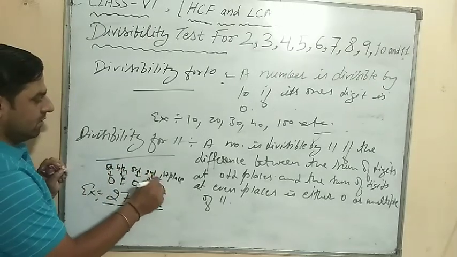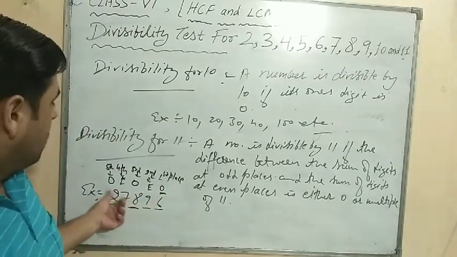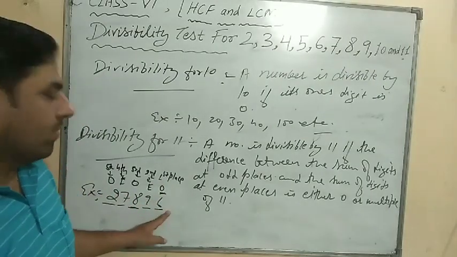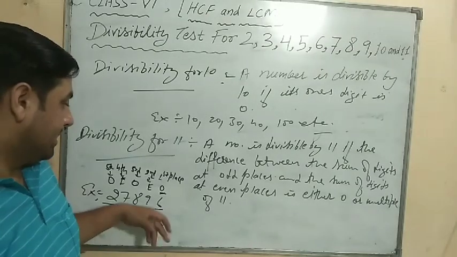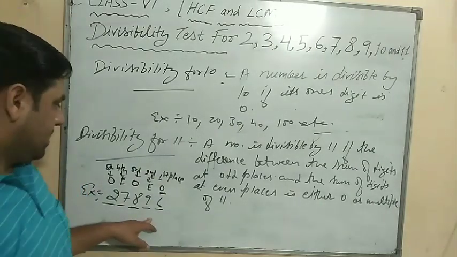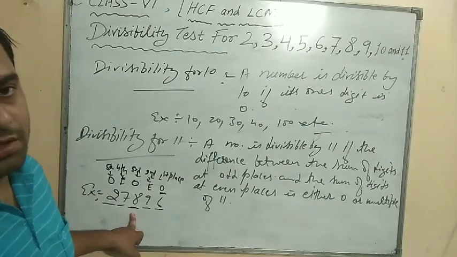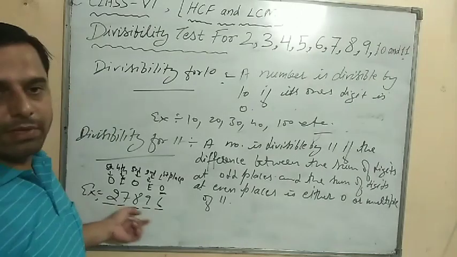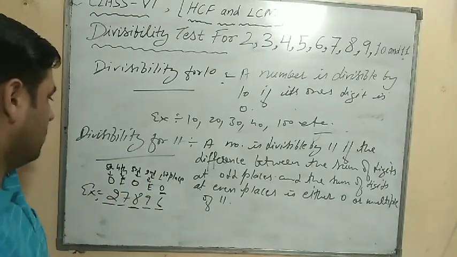Okay, so I mark odd, even, odd from the right side. The first digit is 6, the digit is even but the place is odd. The second place is even, the third is odd, the fourth is even, and the fifth is odd.